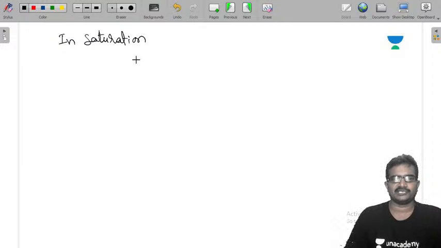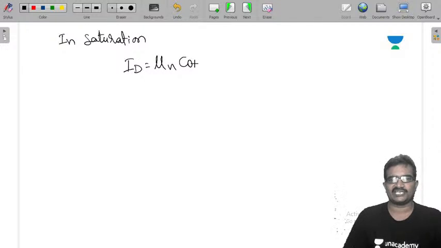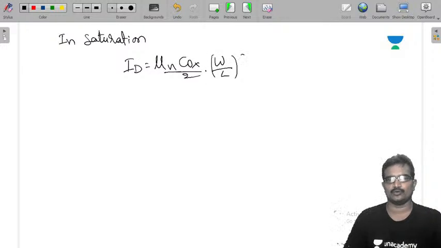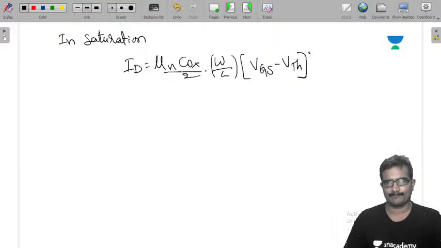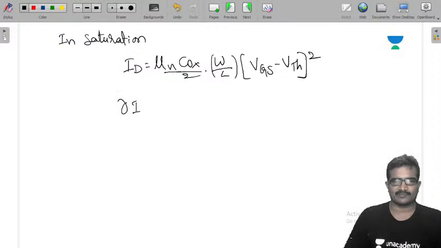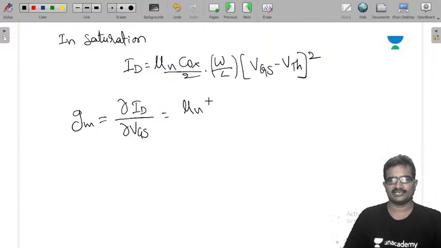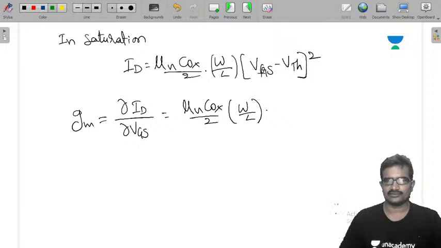So in saturation, ID is mu n into COX by 2 into W by L into VGS minus VTH whole square. Now differentiating that with respect to VGS, dou ID by dou VGS, this is nothing but your transconductance GM, which is equal to mu n COX by 2 into W by L, which is constant, into, here is VGS.